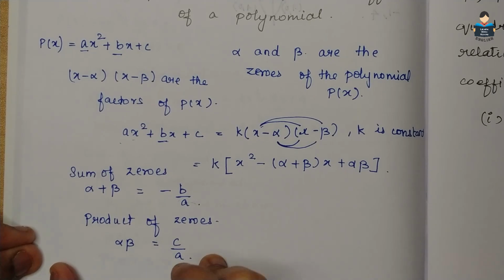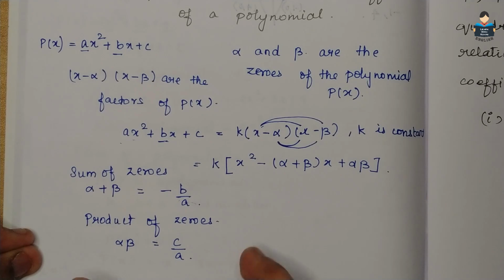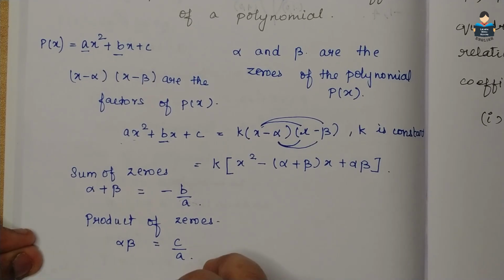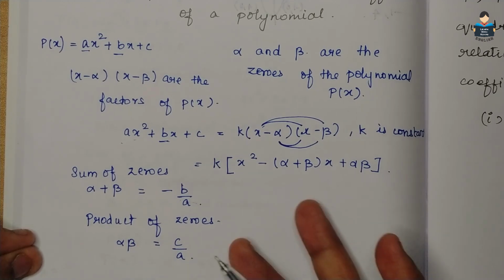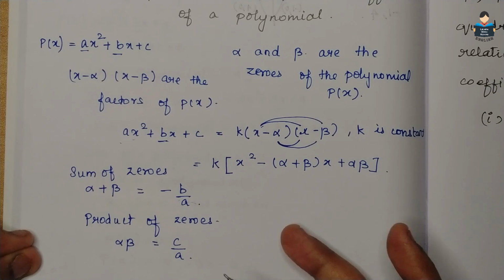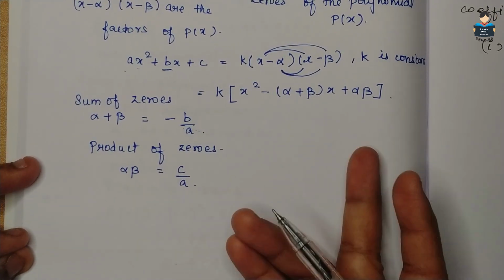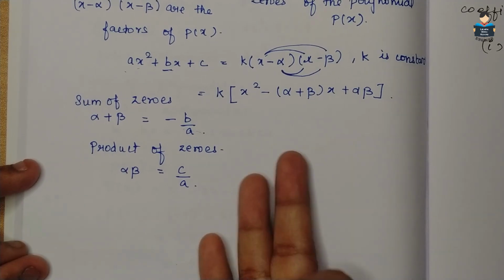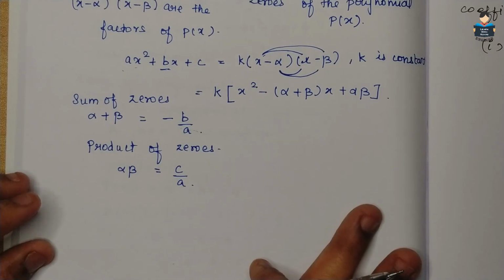This is applied only for quadratic polynomials. For the cubic polynomial we will have other conditions, since a cubic polynomial has 3 zeros.